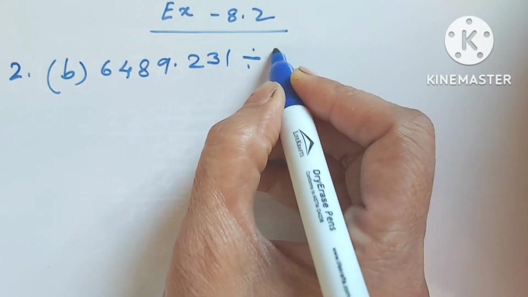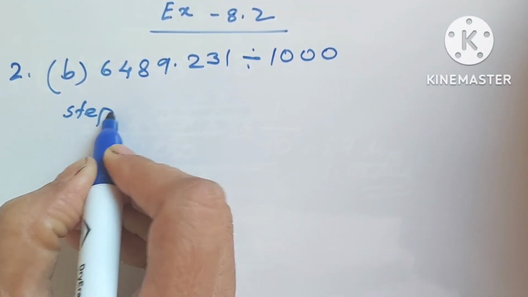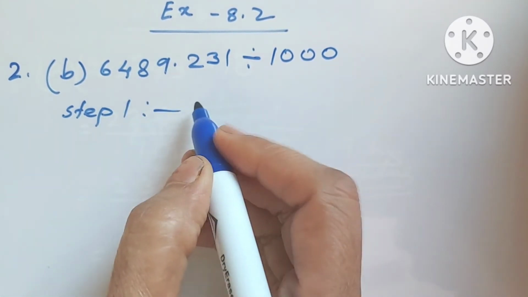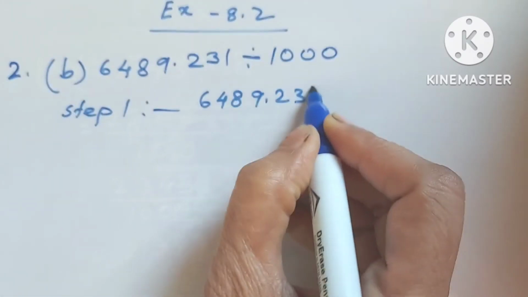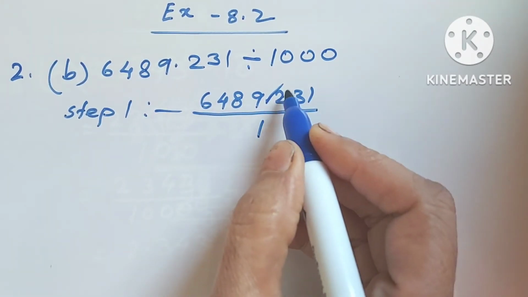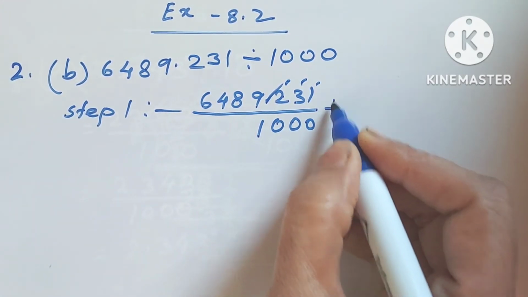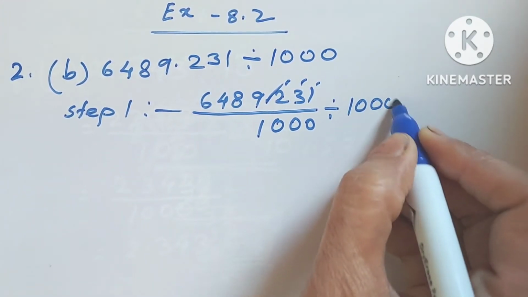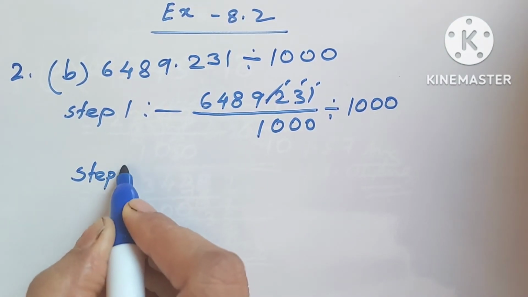Now 6489.231 divided by 1000. Again step 1. 6489 decimal 231. For the decimal we write 1 and after the decimal 3 digits, so we can write 1000 divided by 1000.